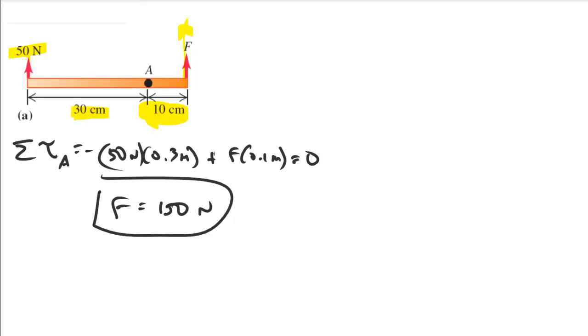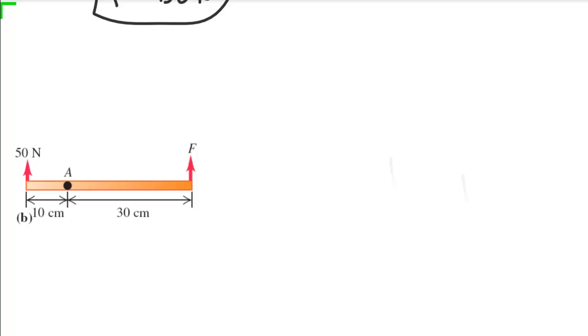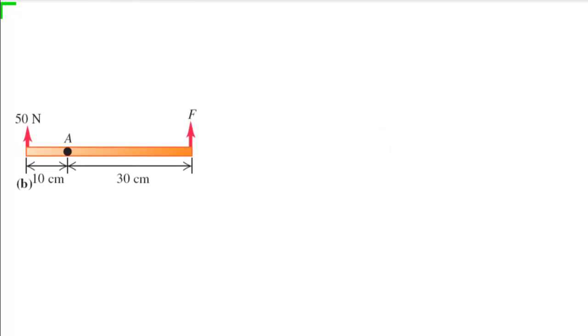Since this moment arm is only 1/3 of this one, this force must be 3 times that one, which is where we get 150 newtons. So after you do sum of torques with lots of problems, you'll probably be able to do this ratio very quickly, actually. All right, let's take a look at another one.